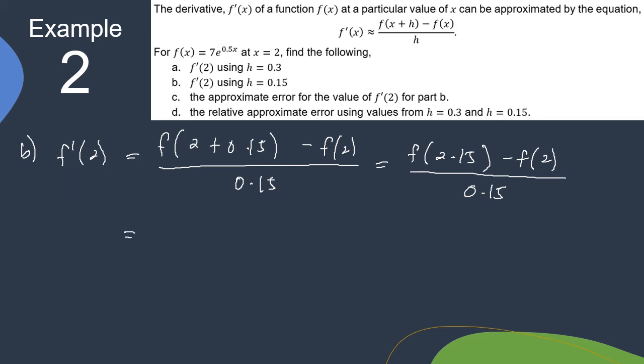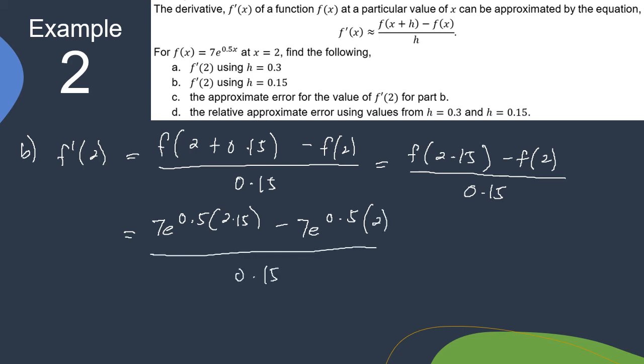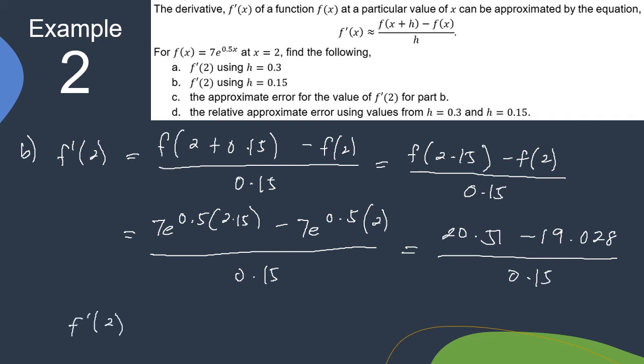Now the function is 7 e raised to 0.5 times the x value, we have 7 e raised to 0.5 times 2.15 minus 7 e raised to 0.5 times 2, divided by 0.15. This is now equal to 20.51 minus 19.028 divided by 0.15. f prime of 2 is now equal to 9.880.